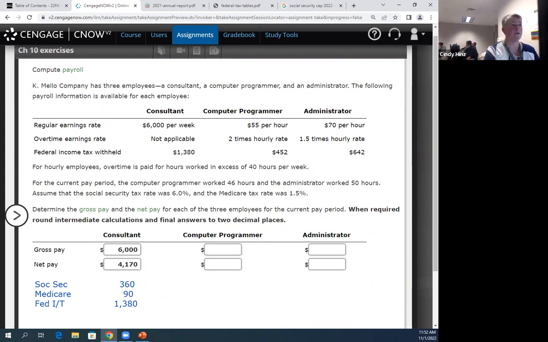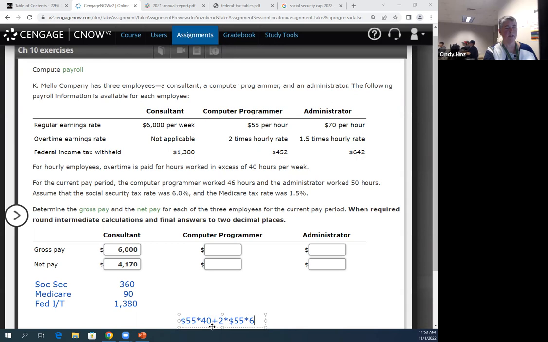For the computer programmer, though, we need to do a little bit more work to calculate that gross pay. And I'm just going to put the calculation down here on the bottom. So it's $55 an hour for the first 40 hours, plus 2 times that for any hours exceeding 40. So the computer programmer worked 46 hours and is eligible for overtime for the final 6 hours then.